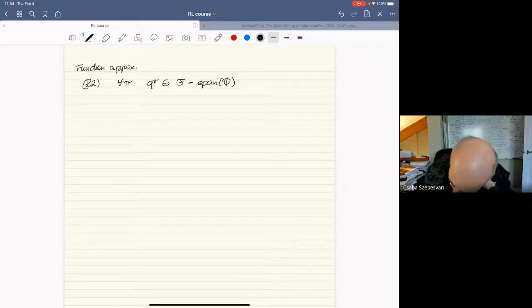So here phi is this feature matrix, which is this S by D matrix.